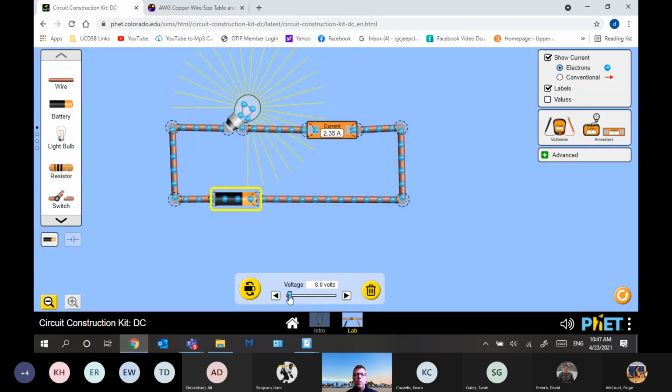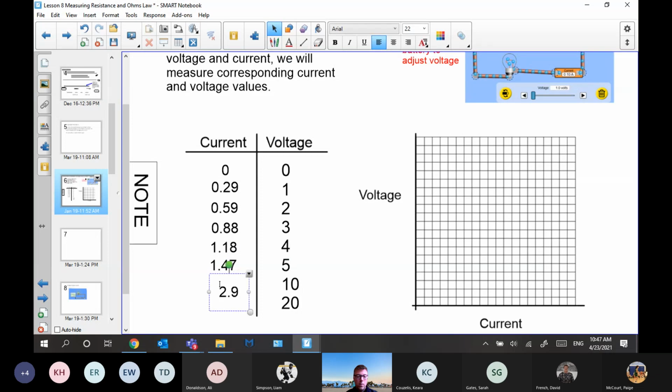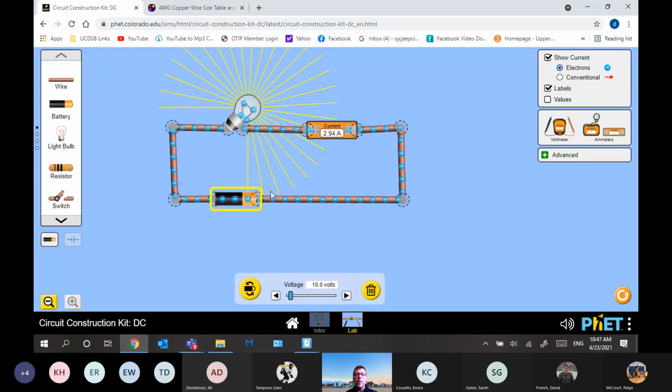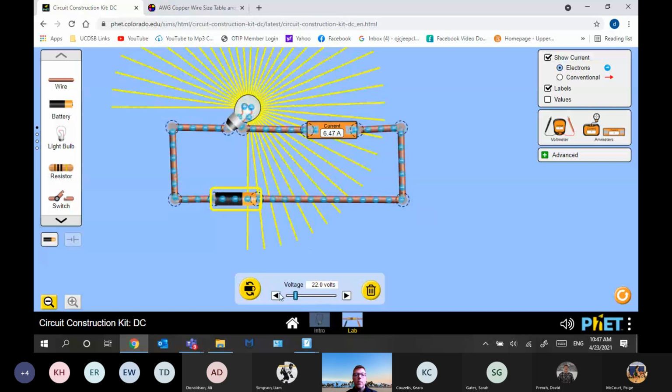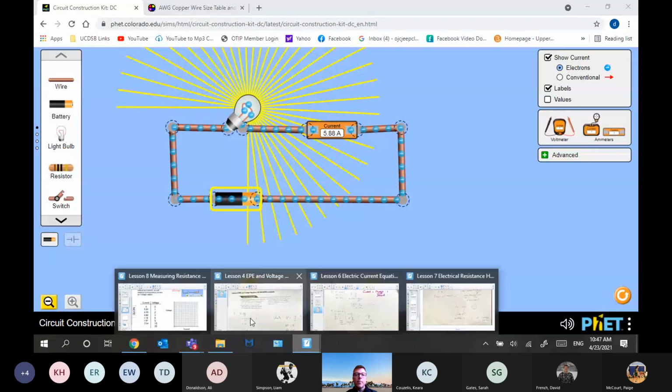Whoa. Closer here. You can see the current's going faster and faster as you put more and more voltage, which just makes sense. 2.94. And then 20, finally. Not that we need all of them, but they're there, so I might as well fill it in. 20 is 5.88.